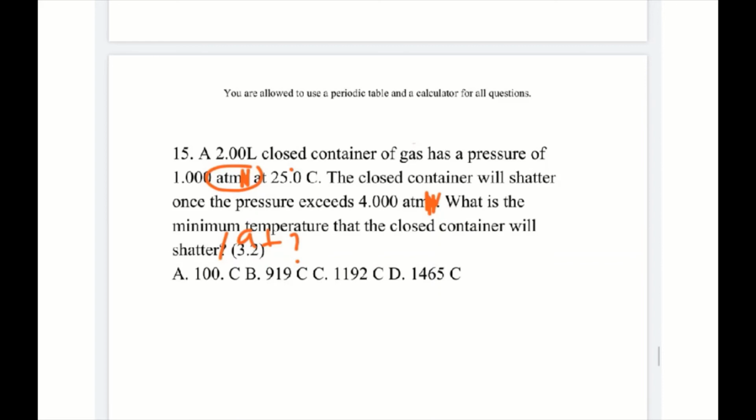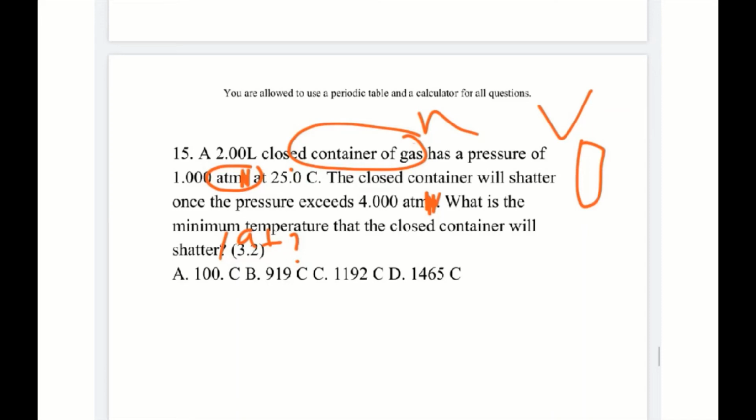So we have to look at what we're dealing with. It's a closed container of gas, meaning that the gas won't escape, and that means the moles of gas is constant. And it seems that our volume is constant because it's a closed container, and it doesn't say anything about it changing volume. So let's assume those two cases.